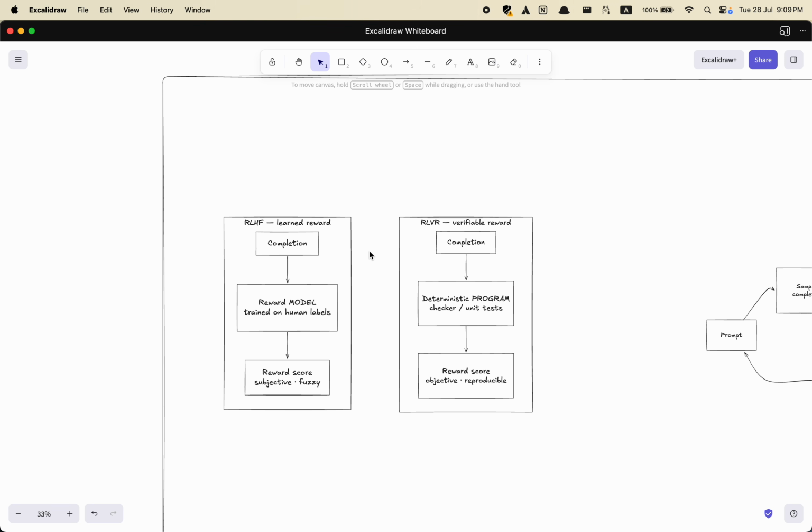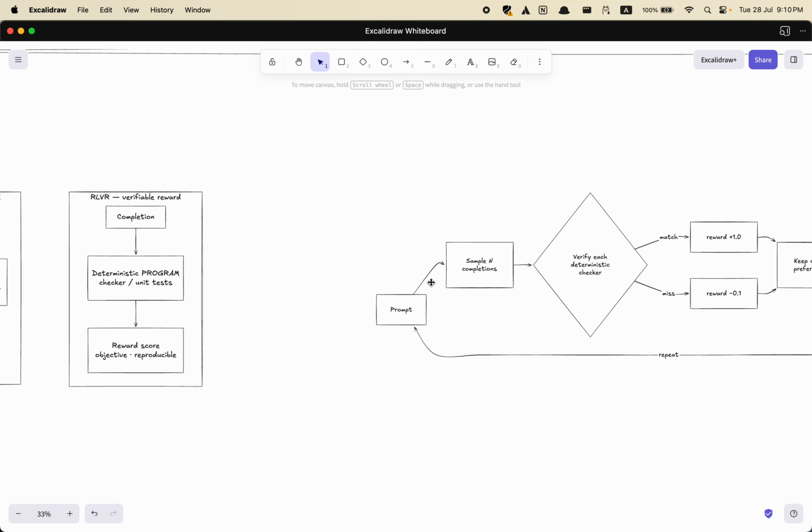RLVR is very good for things that can be programmatically checked, like maths and code, but for things like poem writing or prose writing, you need that human subjectiveness to define what is good and what isn't, and that's where RLHF comes in. Because of that, it's more compute intensive and a lot harder to build.